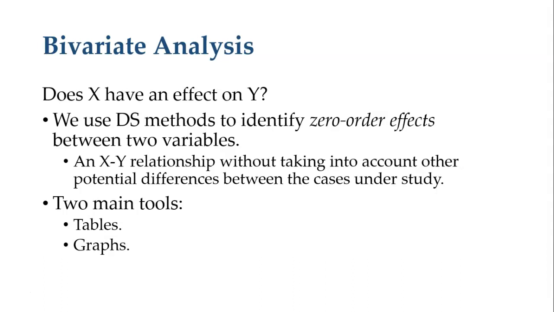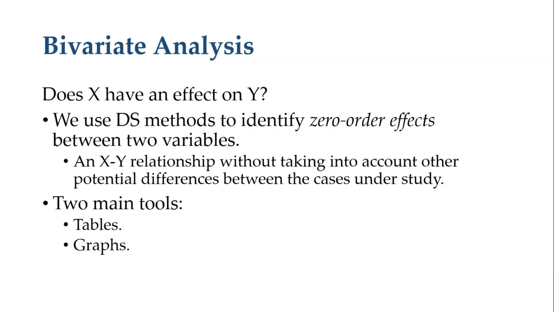Remember that our research question in the bivariate analysis is something like, does X have an effect on Y? Does, I don't know, democracy have an effect on human rights respect, or I love that kind of topic, I'm sorry, but whatever is the kind of relationship that you are interested in. For instance, does the racial composition of a state have any effect on the election of Democratic candidates or something like that?